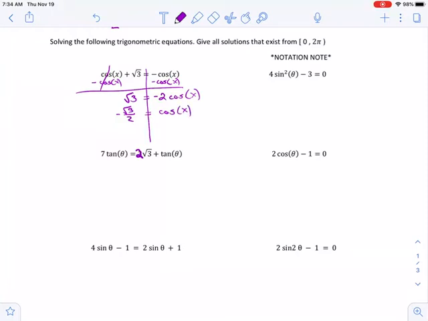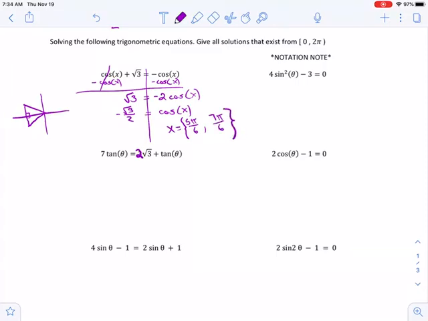This would mean that I'm going to be looking on my unit circle for an x-coordinate that's negative root 3 over 2. So that should be this angle and this angle. Okay, so I'm looking for what those are on the unit circle, and that should be 5 pi over 6, and I'm going to write my answer like this, and 7 pi over 6.